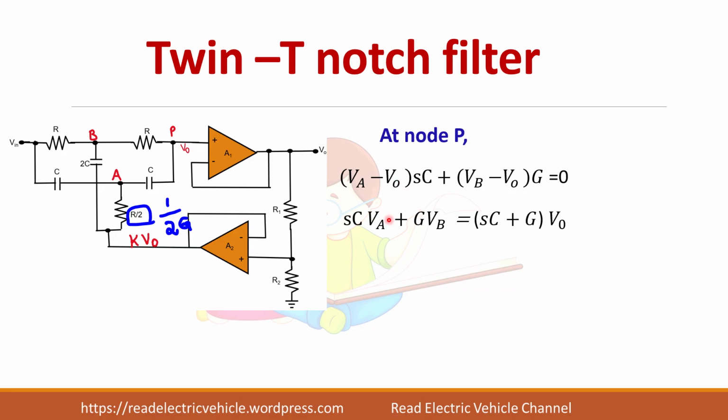Now we will simplify it. You will get this equation. So we got an equation with VA, VB and V0. But we know what VA and VB are in terms of V0 and VE already from equations 1 and 2. So let us substitute that and find it.